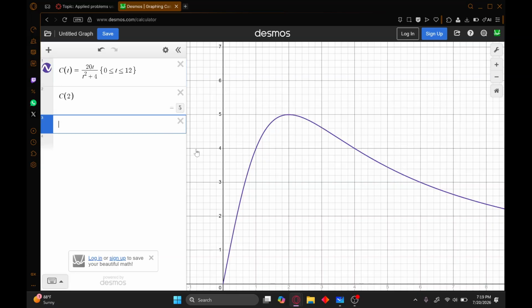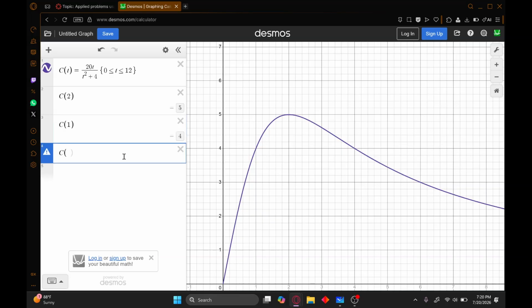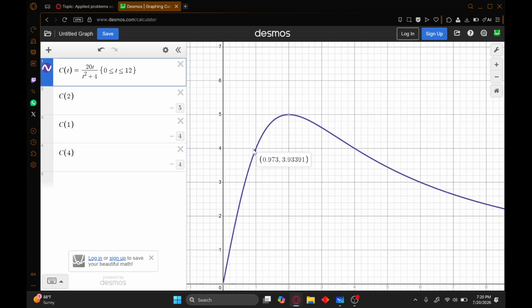Now if we plug in our range as well, where it is at least equal to 4 milligrams per liter, you can see here that we get 1, 4 here, and 4, 4.